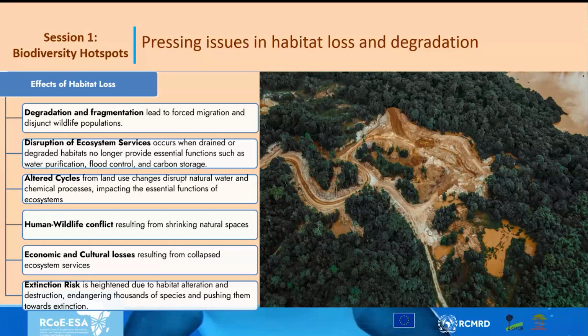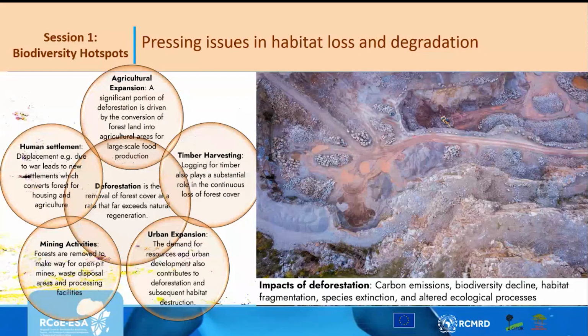So these are some of the impacts, but you can look into details within your area. What are the impacts of habitat loss within that area? When you're talking about deforestation, it can come from different aspects. If your country is not a mining country per se, mining might not be a huge driver of deforestation there.